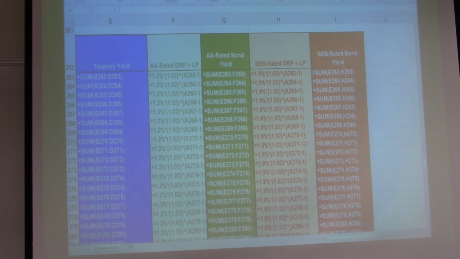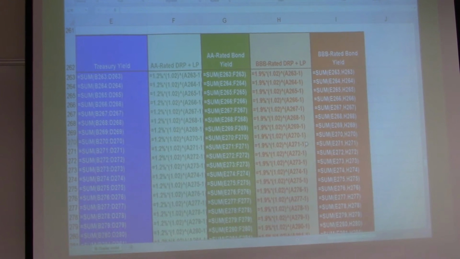Are we basically just writing down what's in the table, or are there any calculations involved? You have to do the calculation. Expectation theory is a different thing.